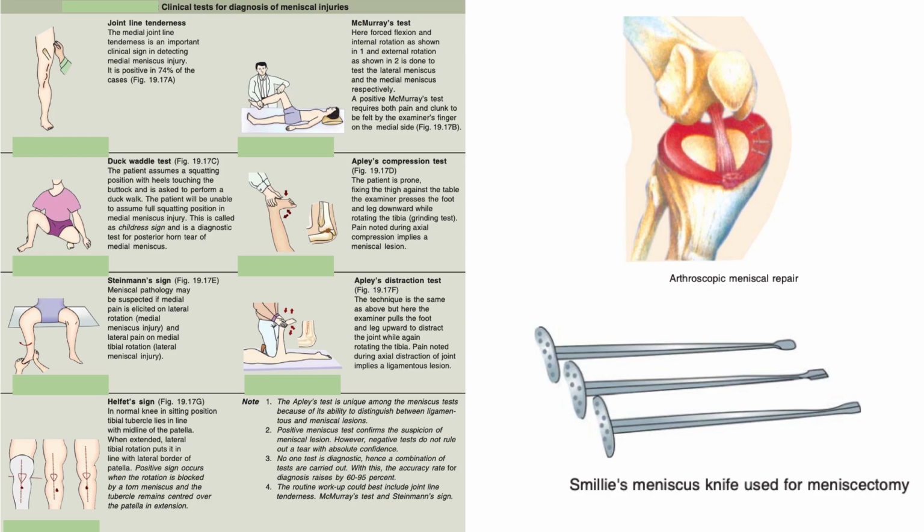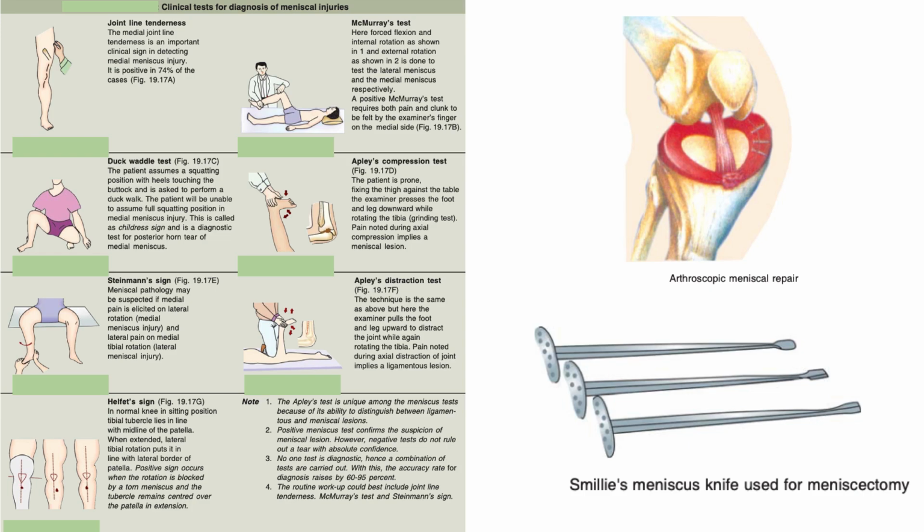Surgery is indicated if the joint cannot be unlocked and if symptoms are recurrent. The method used here is arthroscopic meniscal repair, which is the treatment of choice of late.